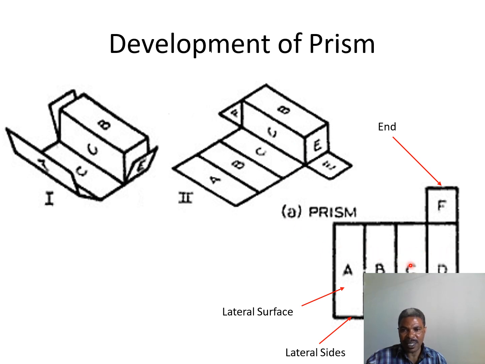A, B, C, D, E, and F. E and F are the top and bottom parts of our prism, but the lateral sides are A, B, C, and D.